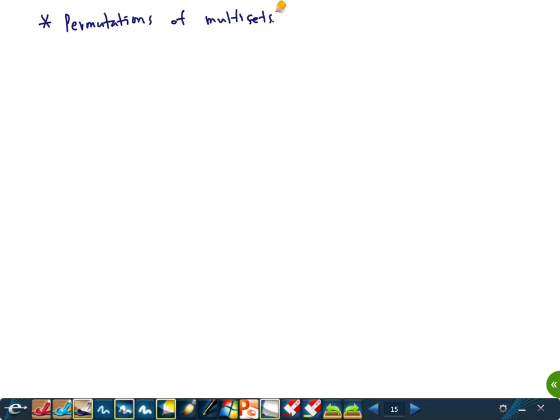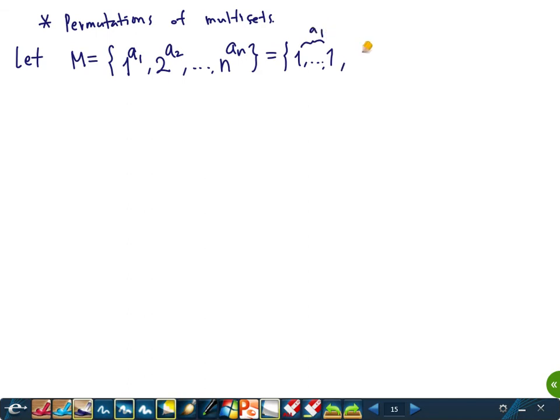But in a multiset, we will also consider multiplicities. It uses the same notation. So if I write like this, it means a multiset where we have a1 ones, a2 twos, etc. We consider the multiplicities as well. It's a common notation for the multiset.